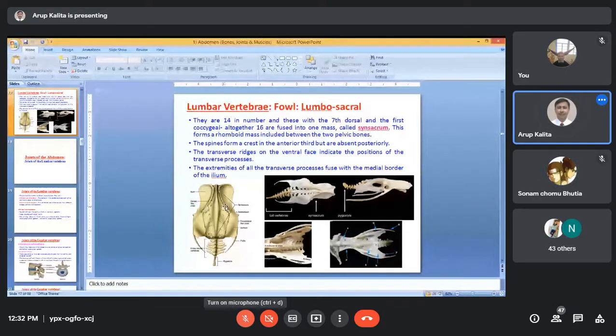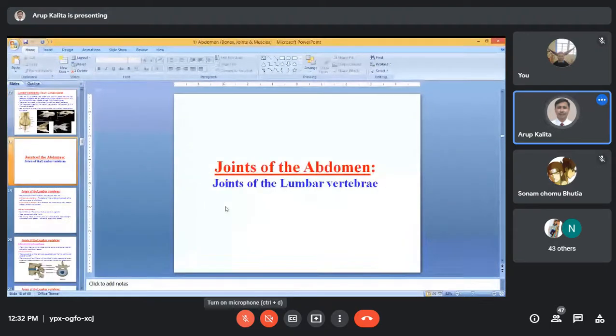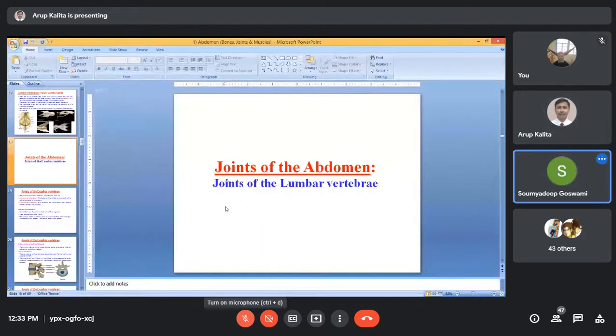Okay. Now coming to the next part, that is the joints of the abdomen. So joints of the lumbar vertebrae. As we know, what type of joint will you get in the vertebrae? Fibrocartilaginous.